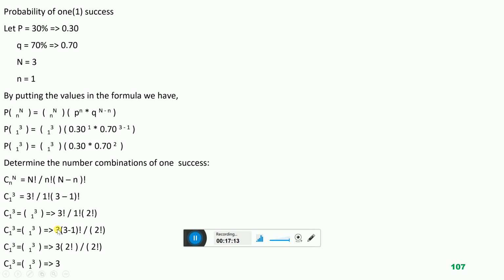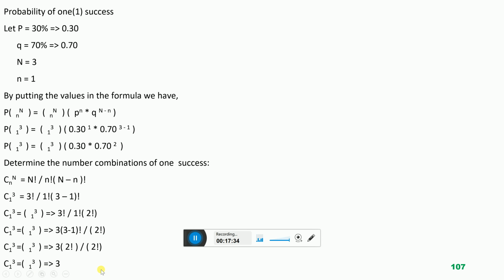We will expand 3 factorial: 3 multiplied by (3 minus 1) whole factorial, that is 2 factorial, divided by 1 factorial, which is equal to 1, and 2 factorial. So C(3,1) is 2 factorial times 3 divided by 2 factorial. The 2 factorial cancels out with 2 factorial and C(3,1) is equal to 3.